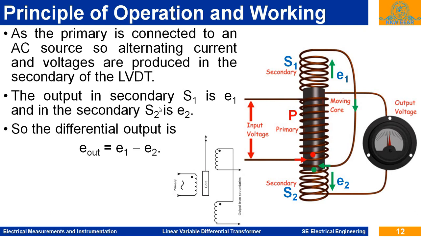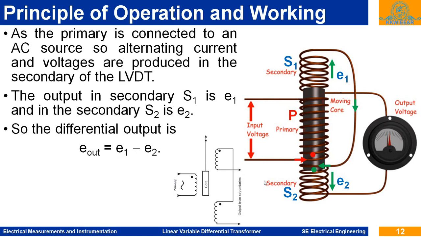The output in secondary winding S1 is E1 volt and in secondary S2 is E2. So E1 and E2 are the voltages in S1 and S2. The differential output, meaning the difference, is the resultant E out equal to E1 minus E2.